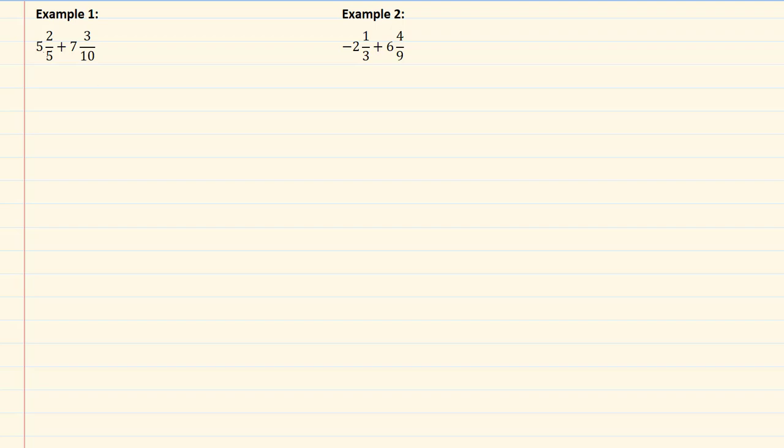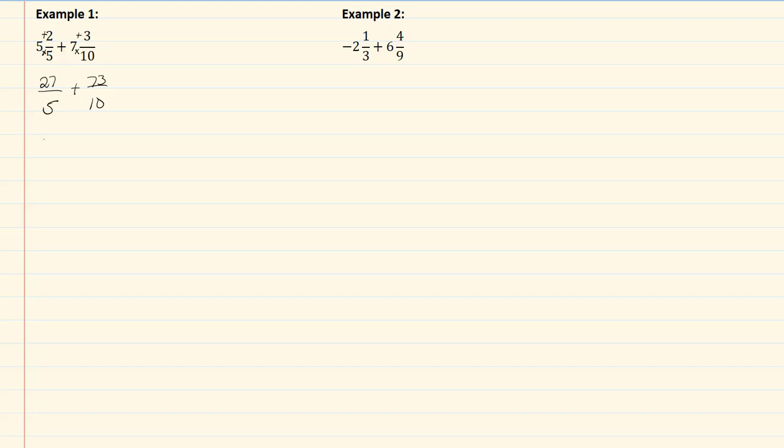All right, to convert these to a fraction, we're going to multiply our 5s, add the 2, so we have 25 plus 2, which would be 27. So I have 27 fifths. Multiply 7 times 10, which would be 70, plus 3, which would give us 73 tenths. Now I need a common denominator.